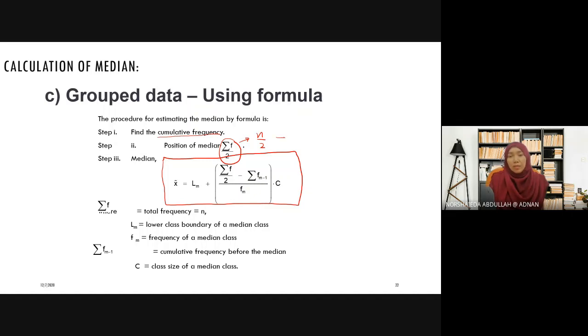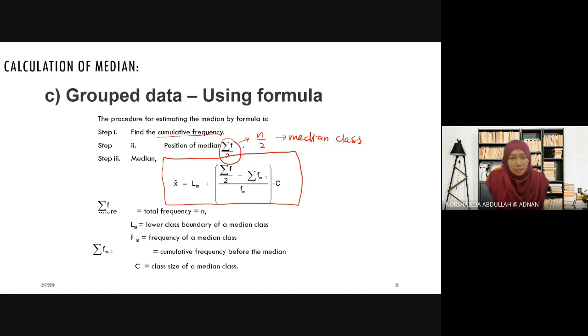For group data, we have a few classes, so we need to identify among the classes which class is the median class. After we know the median class, we substitute the values into the formula.